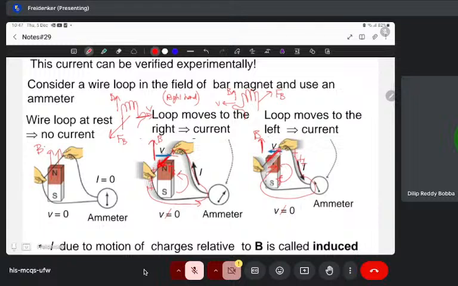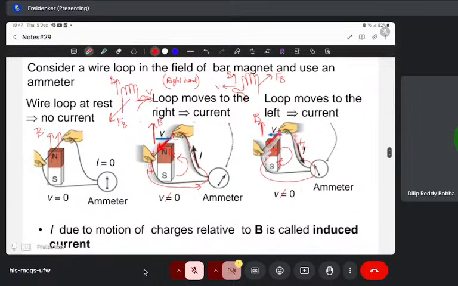Fine. If there were negative charge carriers, what would have happened? Force would have been in the opposite direction. So minus minus minus. Minus is going in the anti-clockwise direction. But we know that current is the direction of the flow of positive charge carriers. So if negative charge carriers are going in the anti-clockwise direction, it is considered that positive charge carriers are going in the clockwise direction.